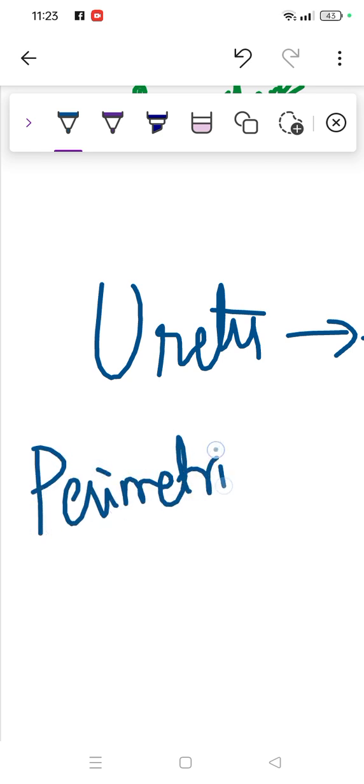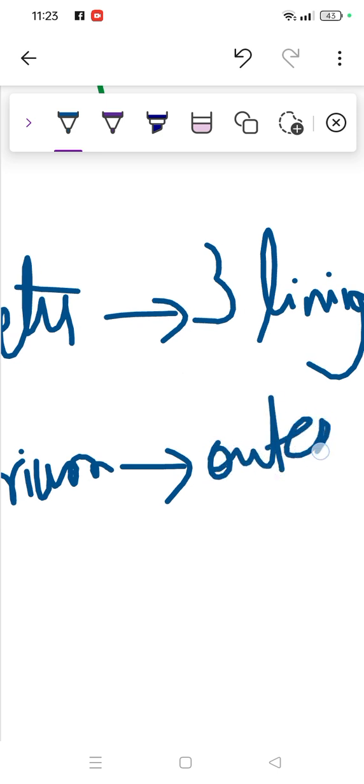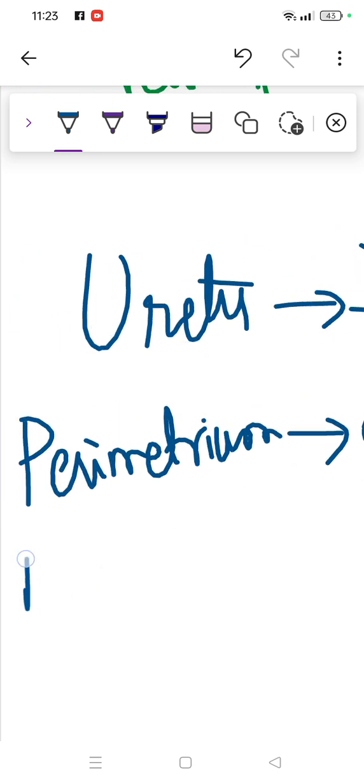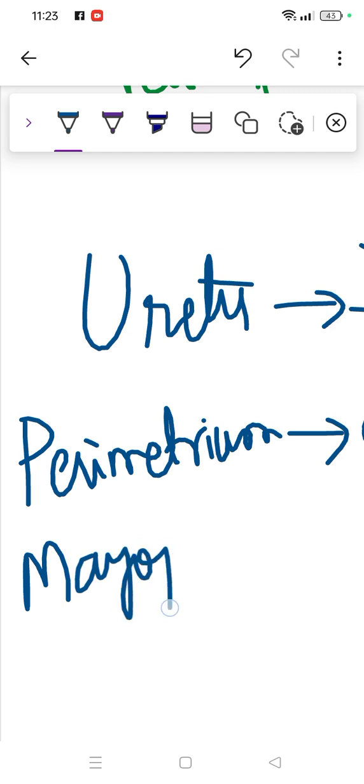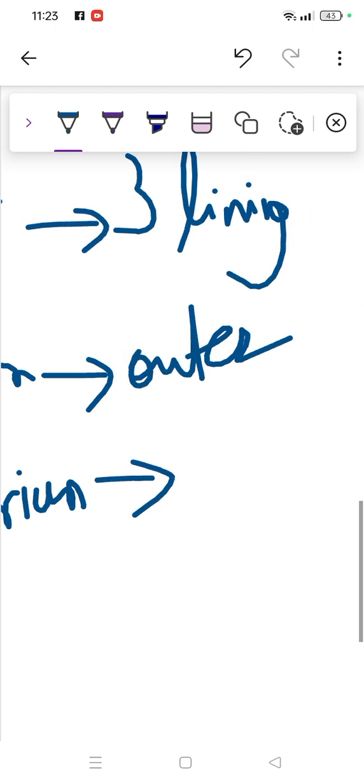Then we have the uterus lining. This has three layers. The first one you will see is called the perimetrium, which is the outer layer. Then comes the second one, which is called the myometrium, the middle one.